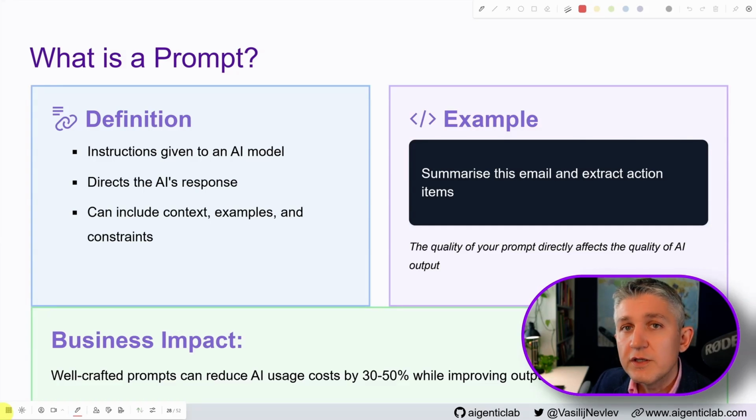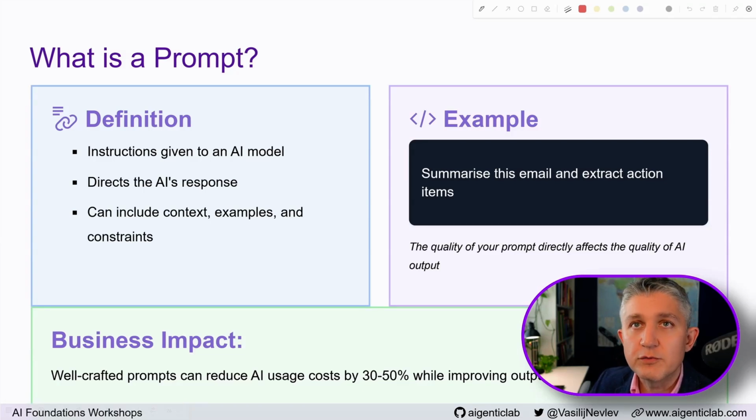It's often the difference in prompting that will make the difference in the quality of the output. A good prompt can easily reduce the cost of using OpenAI. A good prompt will make all the difference in the quality and the cost of your interaction with the AI agents.